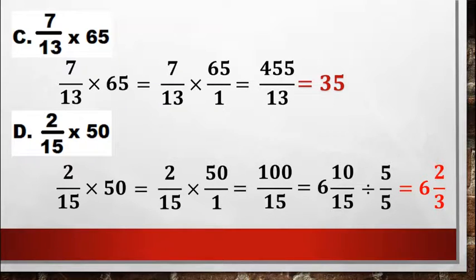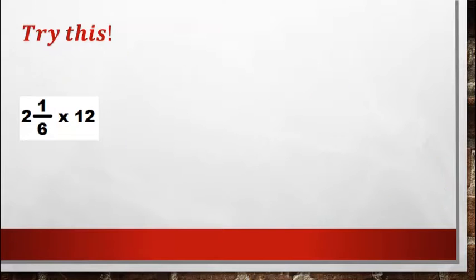I guess everybody got the correct answer for the easier way of multiplying a fraction and a whole number. So as you can see in our multiplication, we have a mixed number multiplied by a whole number.